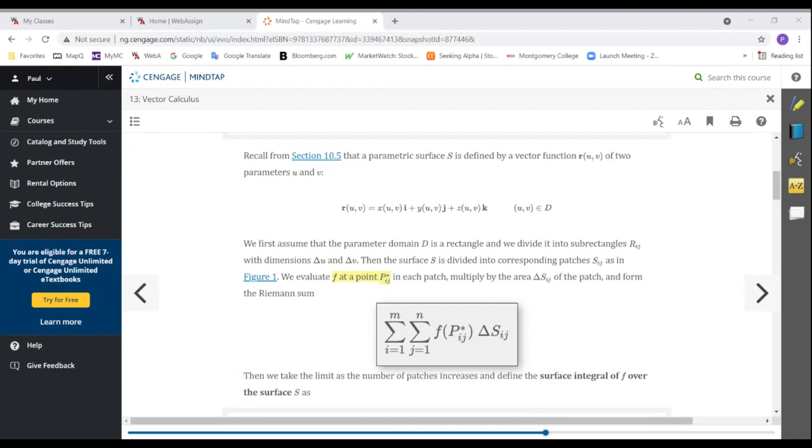That's that delta S sub ij. If you recall, when we learned about line integrals, we took function values and multiplied each by an arc length, a piece of arc. Now we're taking function values and multiplying each by the area of a patch.